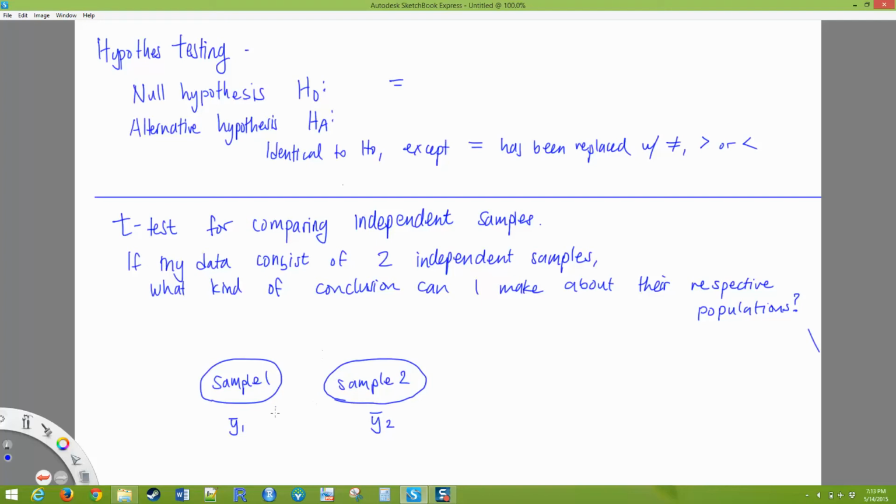These two sample means, y bar 1 and y bar 2, probably are not exactly equal. And we're assuming sample 1 comes from population 1, this large entity that we cannot observe directly. And sample 2 is coming out of population 2, some other large entity that we cannot observe directly.